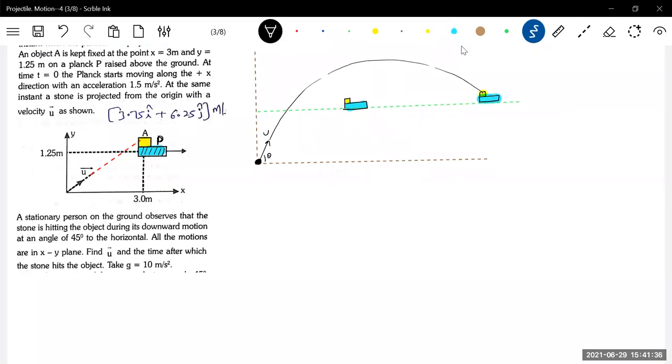The plank will continue to move. It is going to move with a horizontal acceleration, which is at a height of 1.25 meter at t equals 0. I think something very essential, this is at t equals 0 s. Here the stone will come and strike.